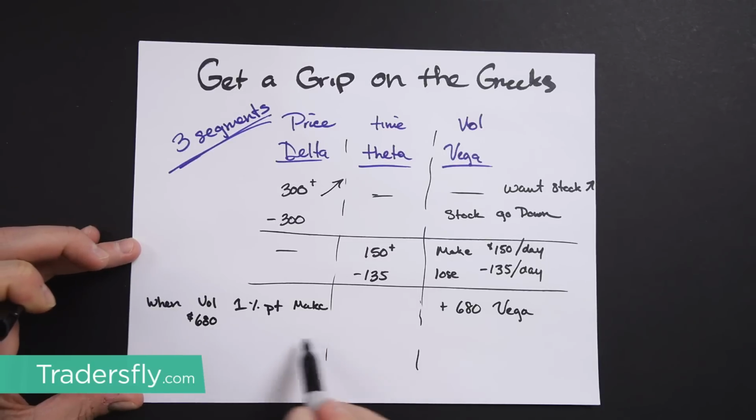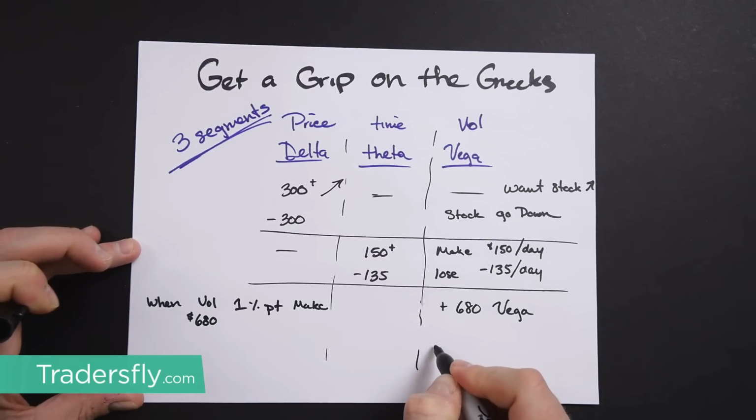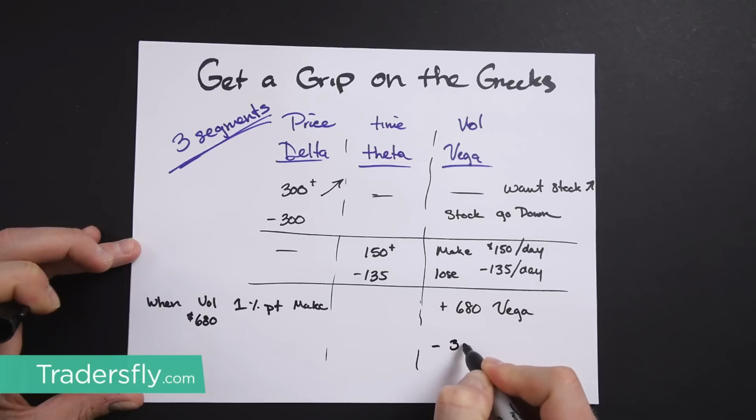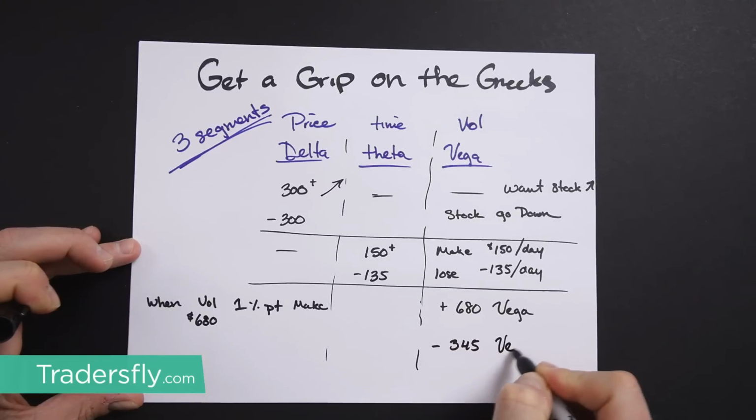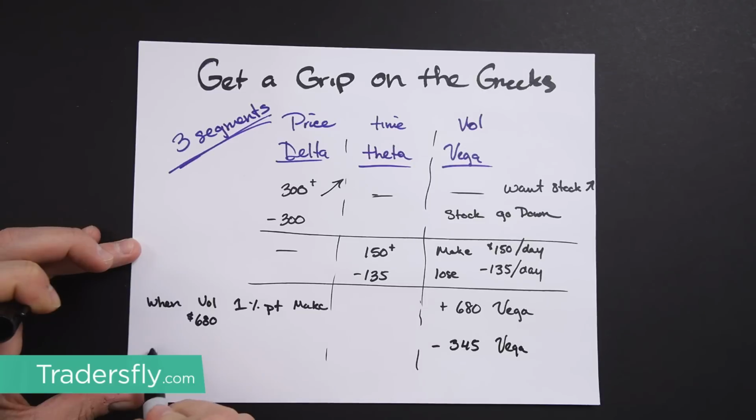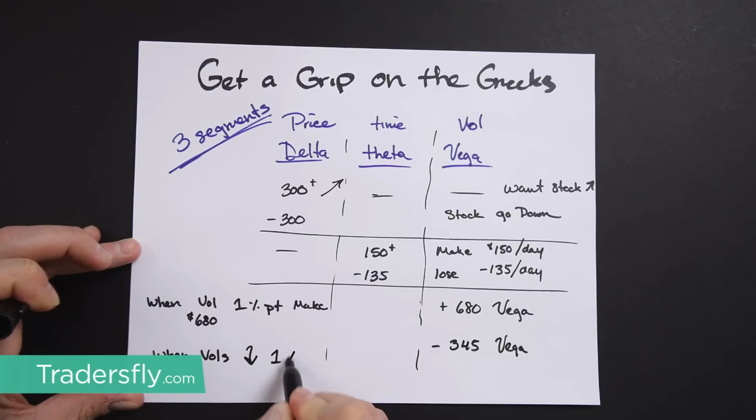Now let's say I was negative 345 vega. That means when volatility goes down 1 percentage point, I make $345, because I'm negative or short.